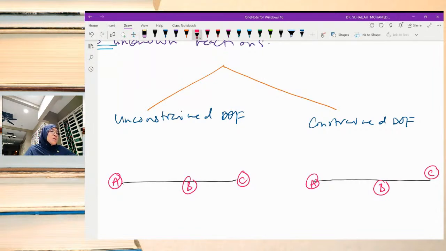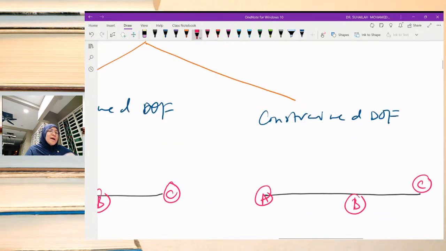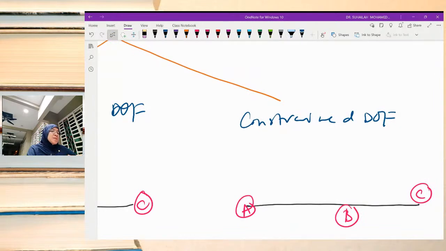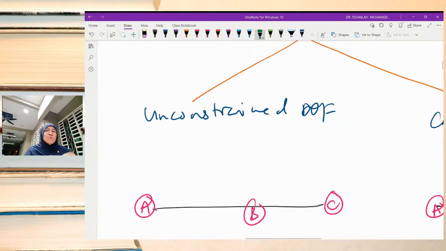Now, always remember that under the constrained system, there are unknown reactions, and under the unconstrained system, there are unknown displacements.